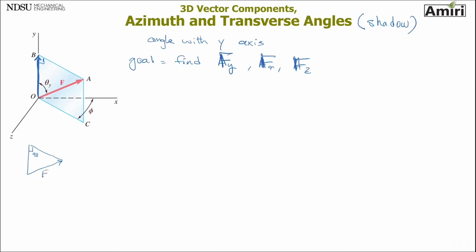So this is F, Fy, and this angle is theta Y. So cosine of theta Y is going to be Fy over F. Okay, so I found one of them. Fy is F cosine theta Y.